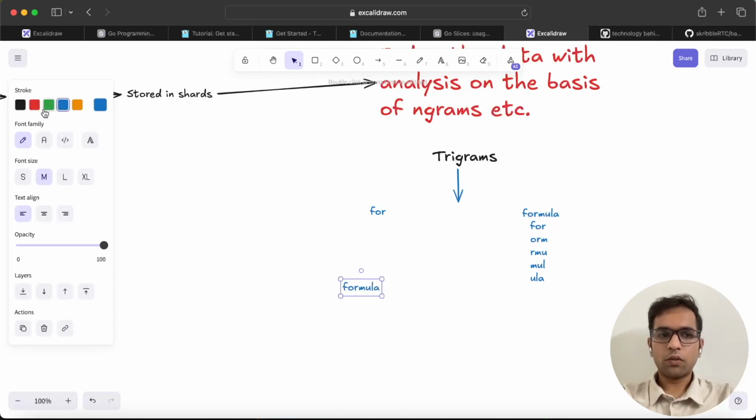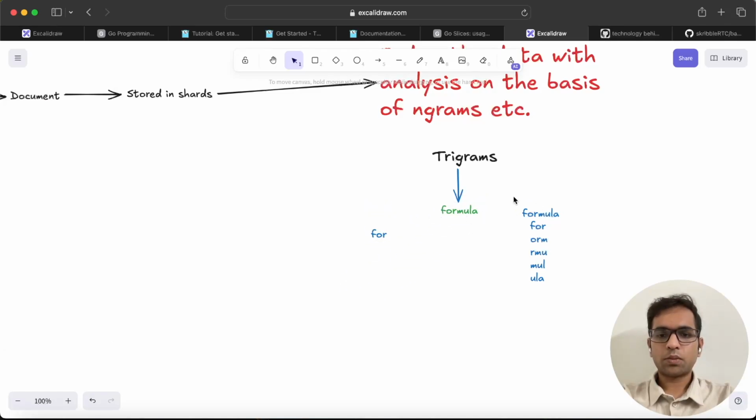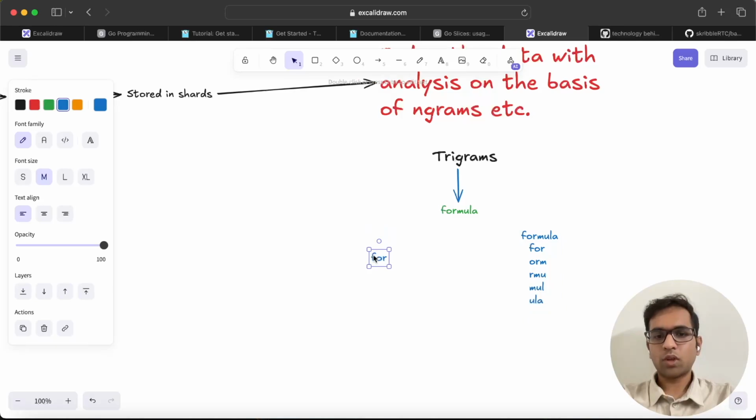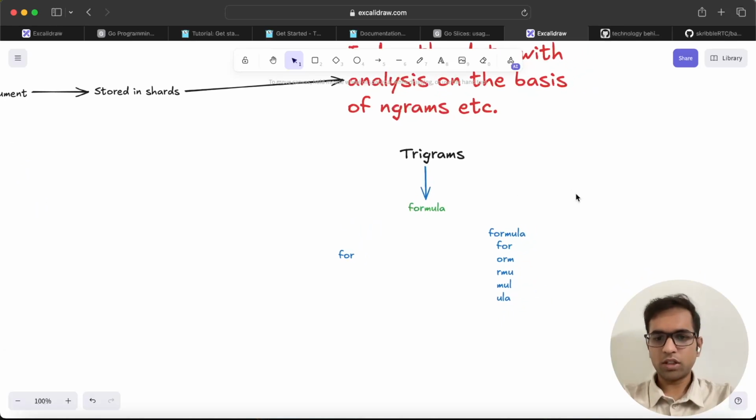When we query formula, it will break this into its n-grams, which are trigrams. We consider trigrams because they are considered a sweet spot. So the trigrams are FOR, ORM, RMU, MUL, ULA.